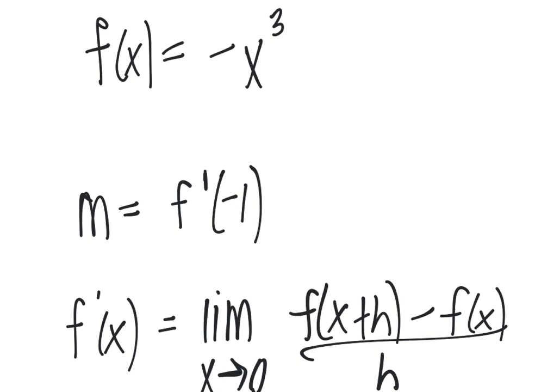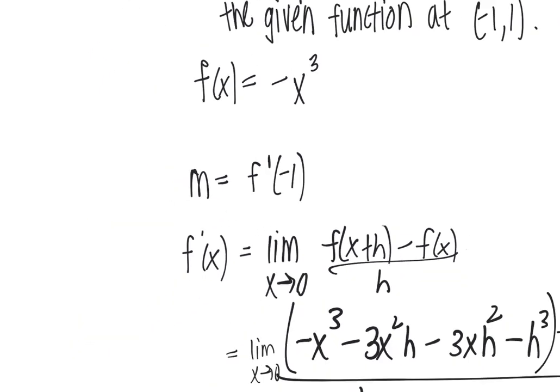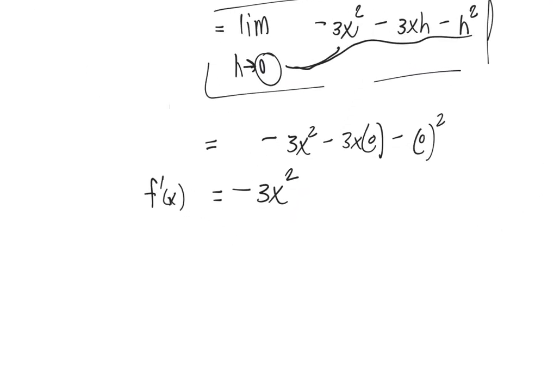It's plugging the x value into f prime of x. It's using the derivative. The slope is not the derivative. You use the derivative to find the slope. So I'm going to plug in this -1. I'm going to find f prime of -1, which is negative 3 times negative 1 squared, which is negative 3 times 1, which is negative 3, and that is the slope.